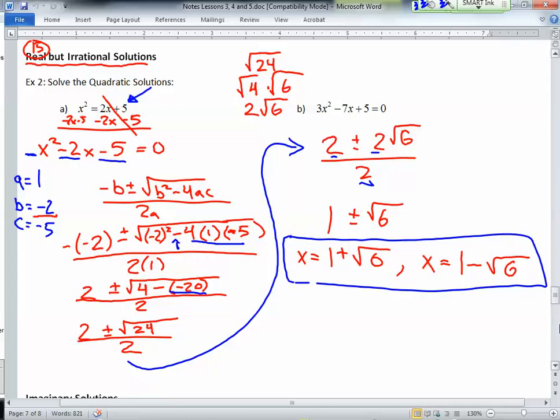So this minus came down and became this minus right here, and I ended up with a positive 4 times a negative 5 gave me a negative 20. I did not know that was possible. Sure, you can do it that way. The other way you could do it is a negative 4 times a negative 5, and that would end up being plus 20, which is what we ended up getting down here anyway because we had minus and negative. So it ends up being a plus 20 eventually either way.